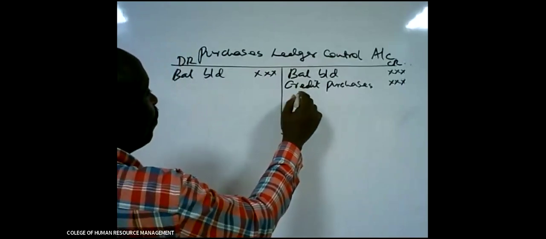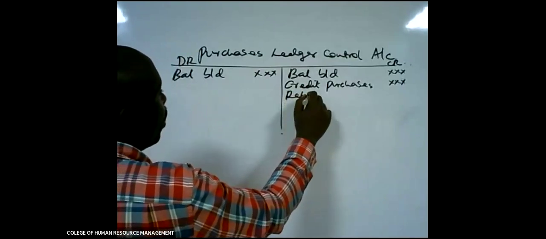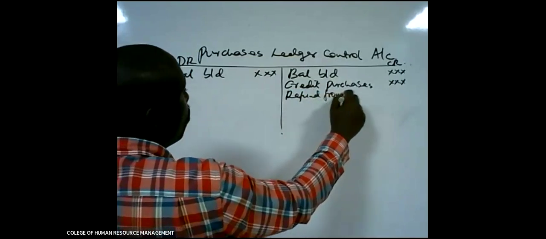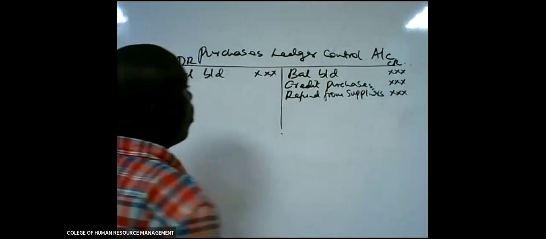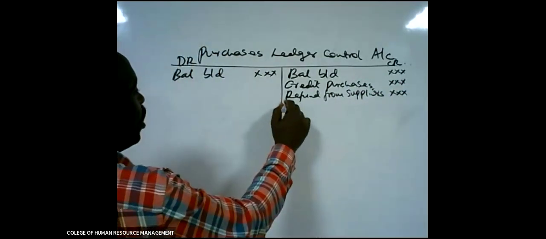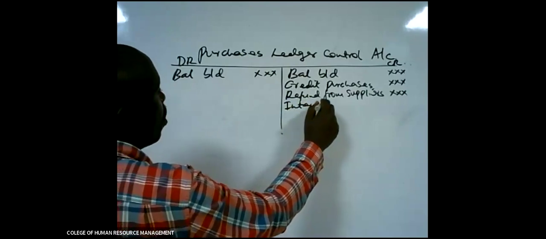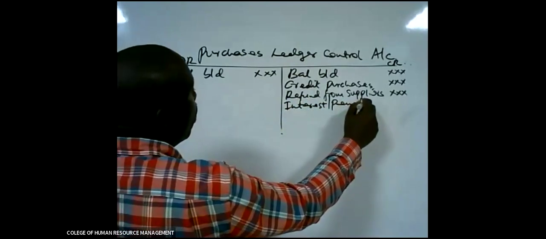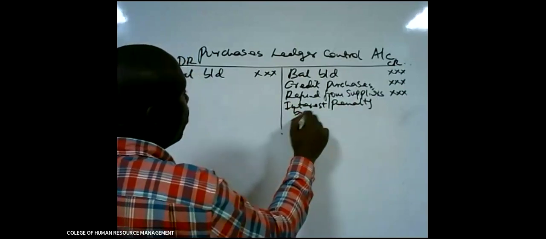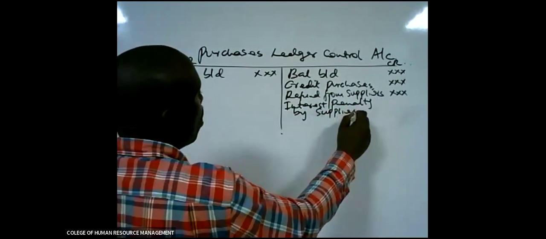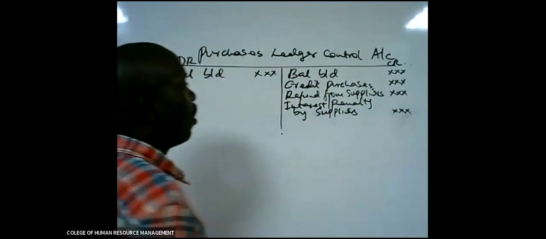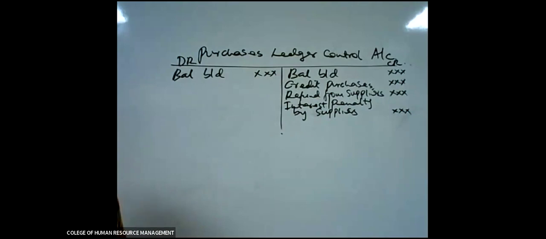We also have refunds from suppliers. Then we also have interest, penalty charged by the suppliers. Those three will be credited in the purchases ledger control account if they are there.